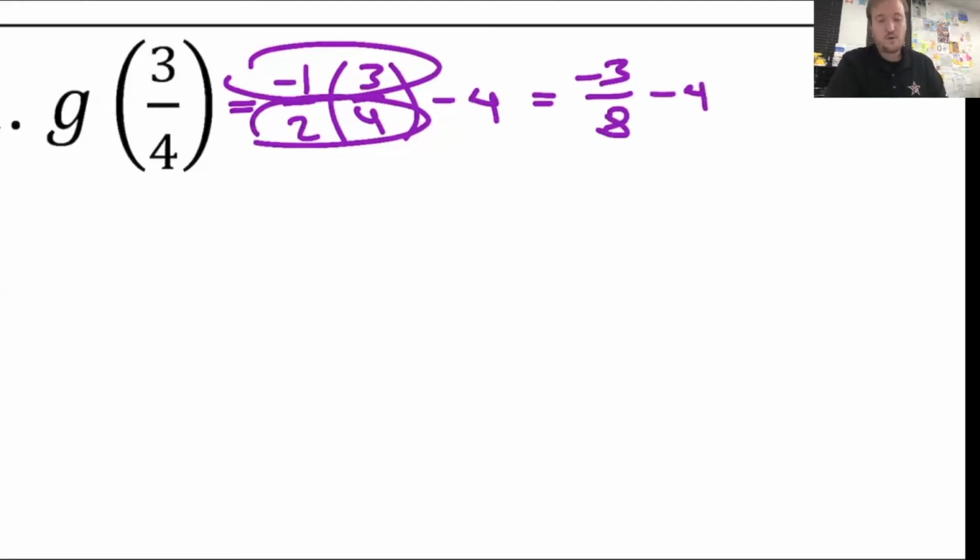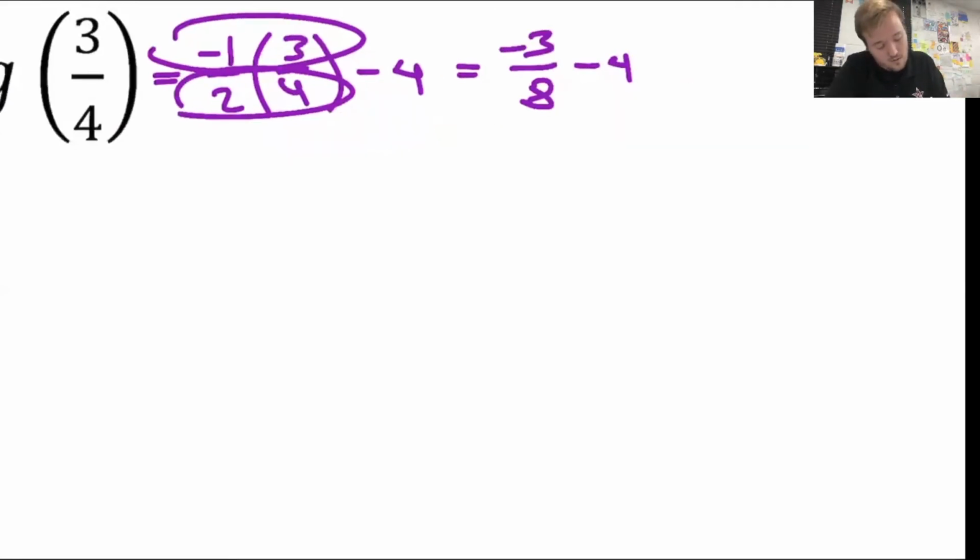All right, so this part is really just to help improve your numerical literacy. I want to be able to combine those values. So I have -3 over 8, and I want to turn 4 into a number with a denominator of 8. Think about it. I can rewrite 4 as 4 over 1.